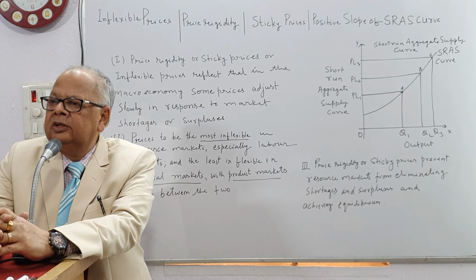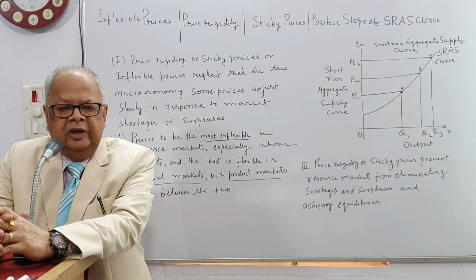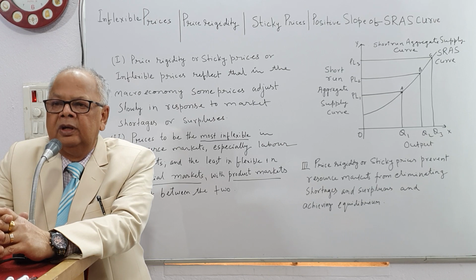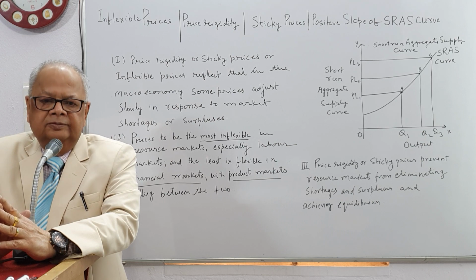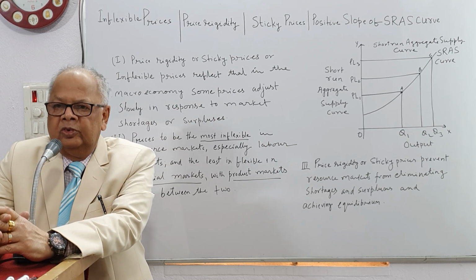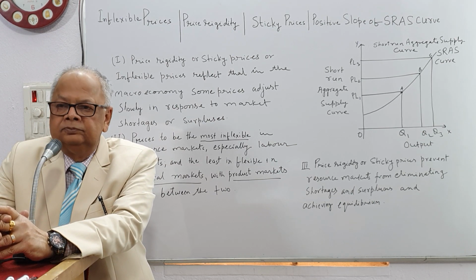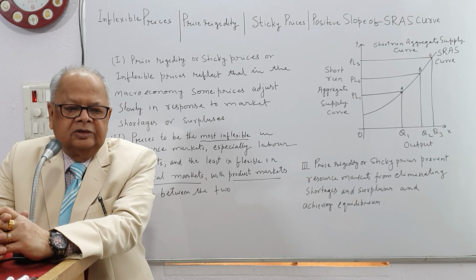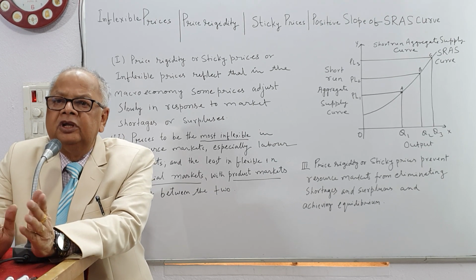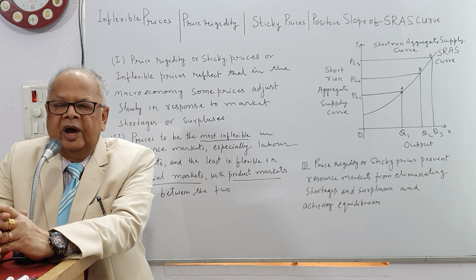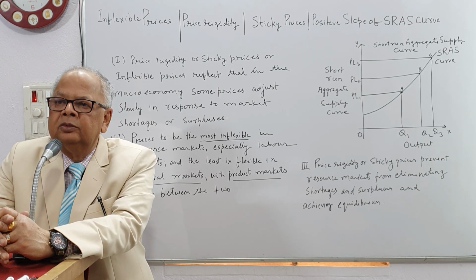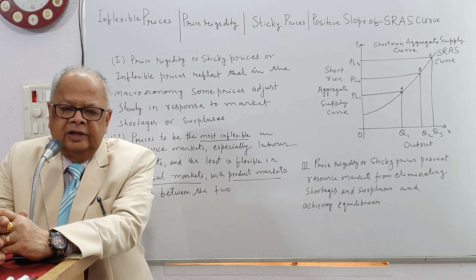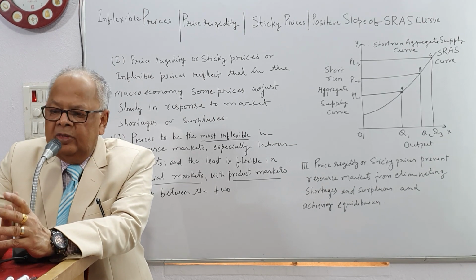It means if the economy shifts downward from the point of equilibrium, from the level of full employment, that will be restored by the play of demand and supply factors. Whatever is supplied will be demanded in the economy, and the market will be clear.